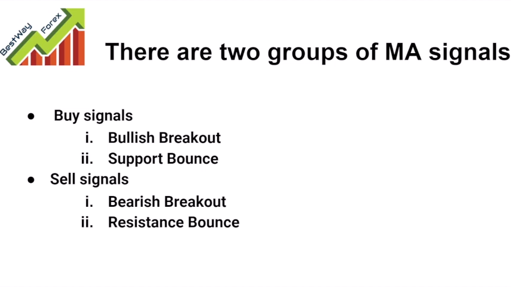How we identify these signals depends on where the price is and whether the MA is a resistance or a support. Say the MA is acting as a support and the price is falling and comes down to it. Either there is a breakout of that support, which is a bearish breakout and a bearish signal, or it will bounce.